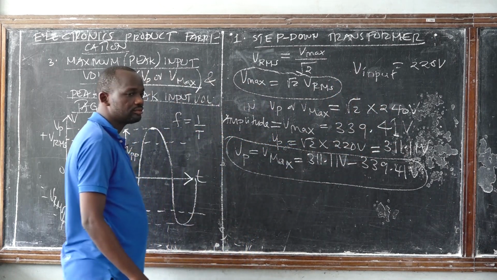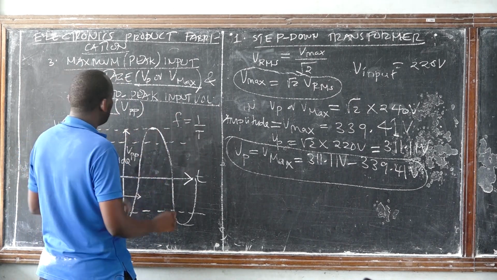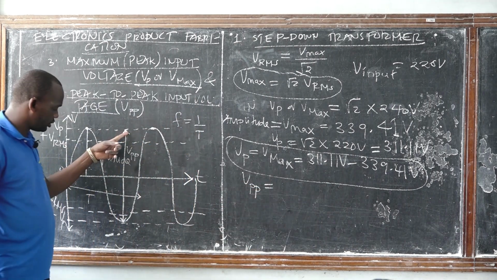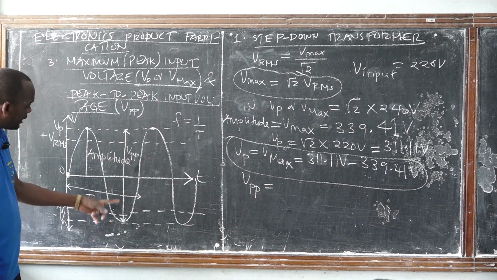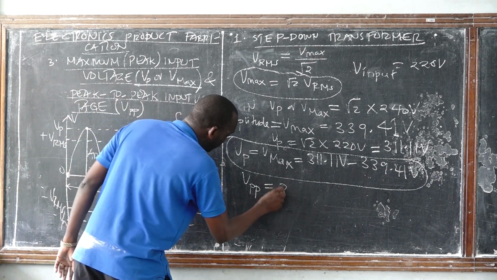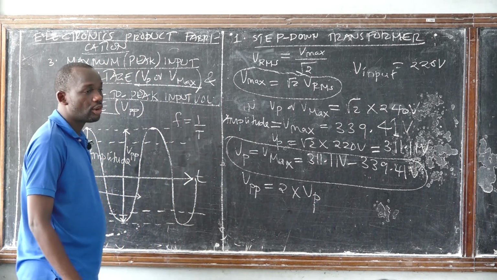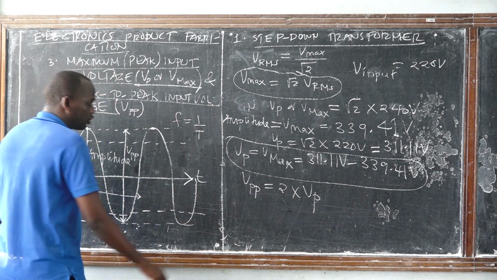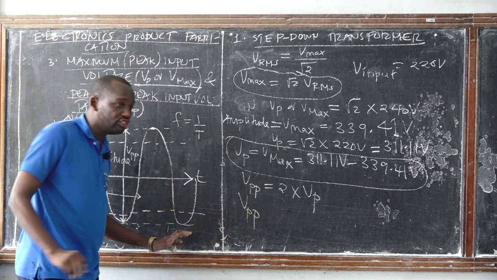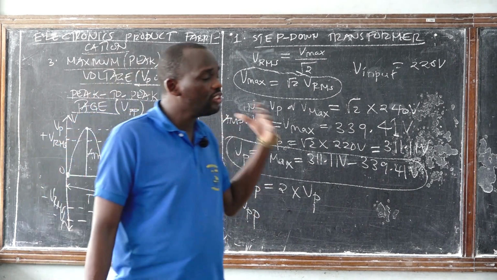There's no problem. Then another parameter which we mentioned, peak to peak voltage. So peak to peak voltage is this one, the distance from here to here, which is twice the distance from here to here, right? So it means that peak to peak voltage is equal to 2 times V peak. Okay? So this is the peak to peak voltage of AC, not of the audio signal, not of the signal from the function generator.